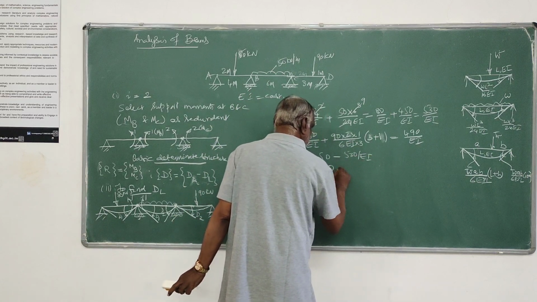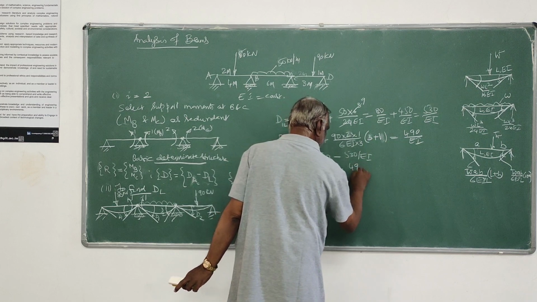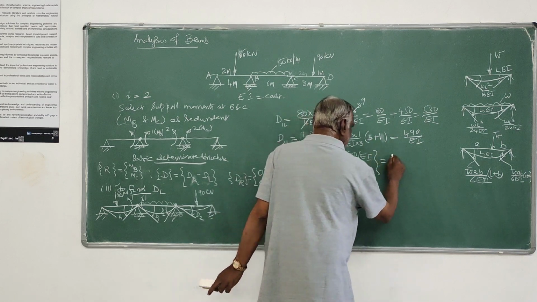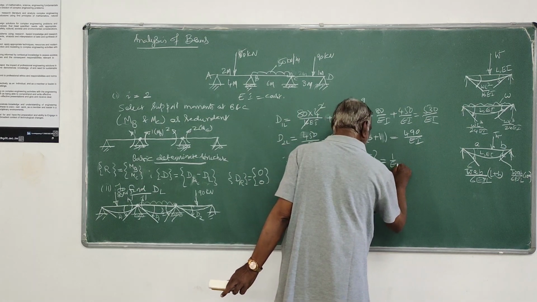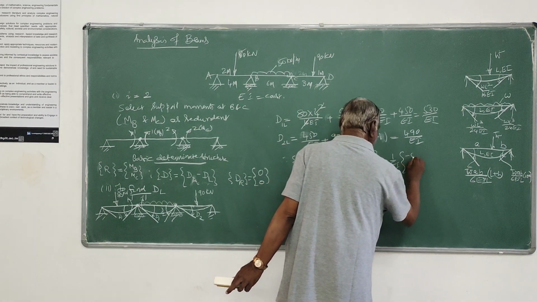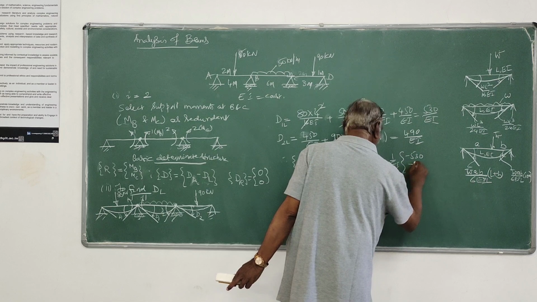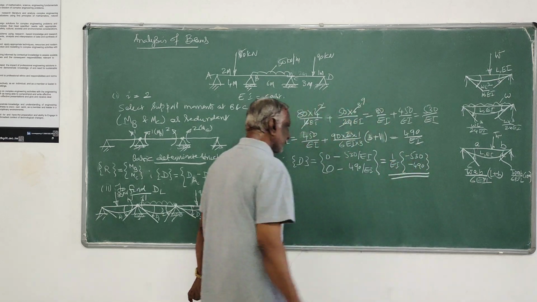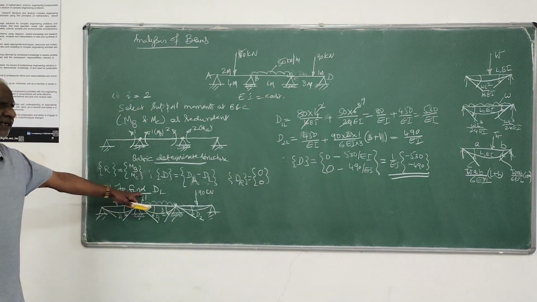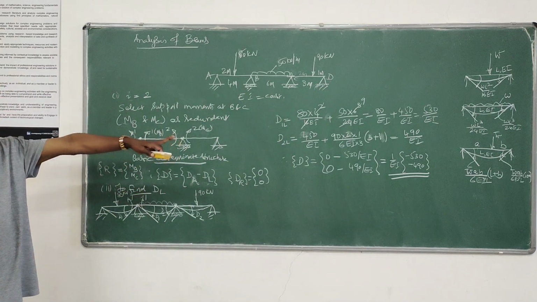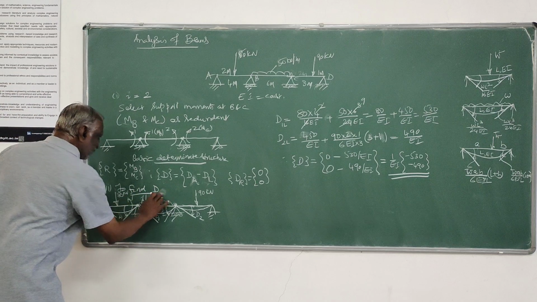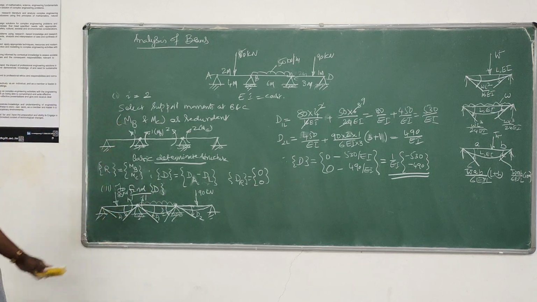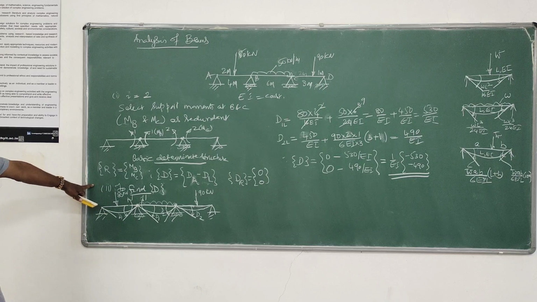The next one is 0 minus 490 by EI, or this D matrix is 1 over EI times minus 530 and minus 490. This is what we got. The displacement on account of the external load, that is the second step.